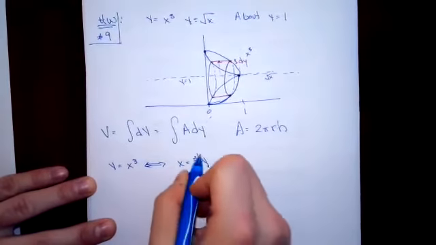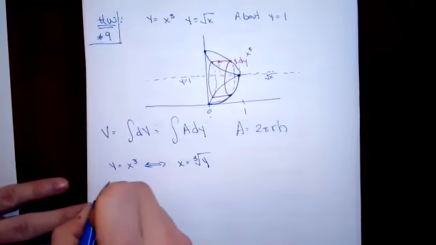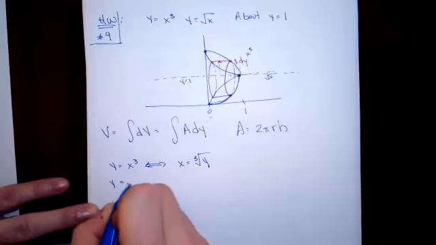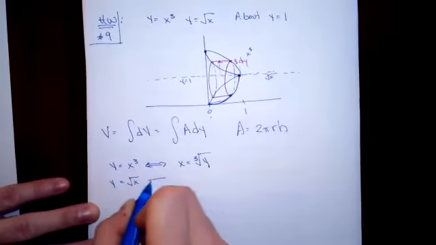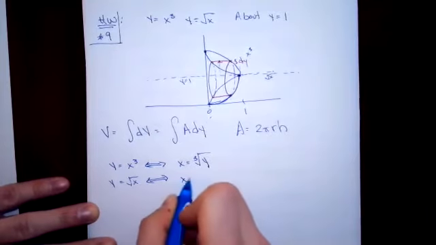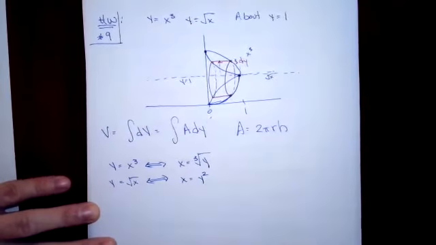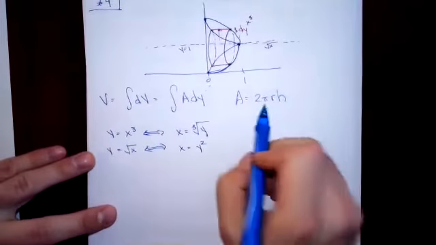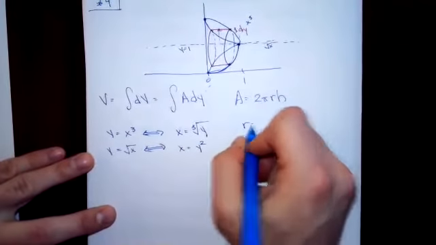So of course we'll have cube root of y as one, and then y squared as the other one. And so now what is our radius?